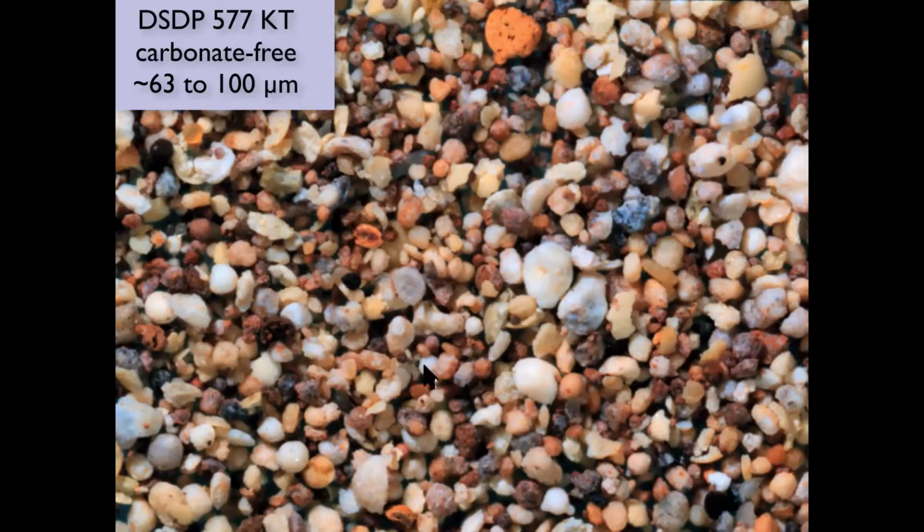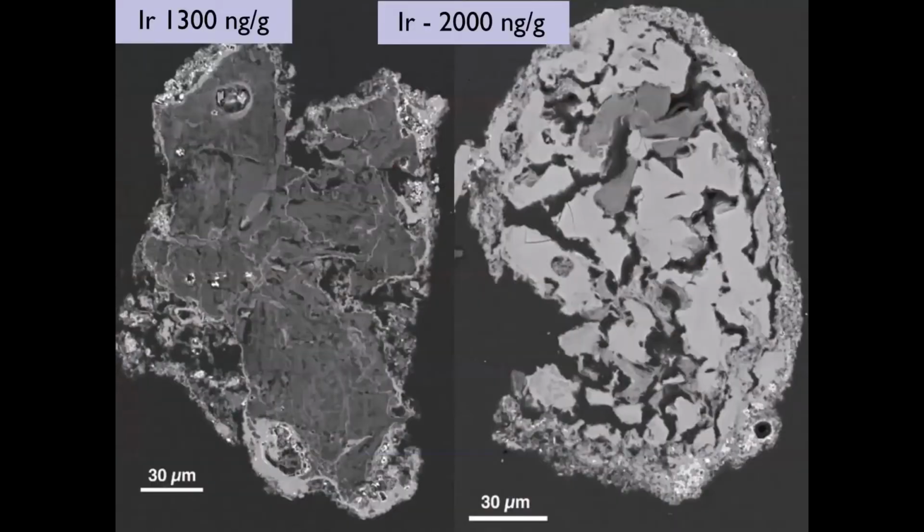You can still see spherules in there, and a lot of this stuff is spherules, although they are not very well rounded. But there's a lot of little irregular pieces, and we've taken some of these out and analyzed them and found really high iridium content in them, and we've cut them open. Here's just a couple examples. These two actually have more iridium than you find in typical chondrites.